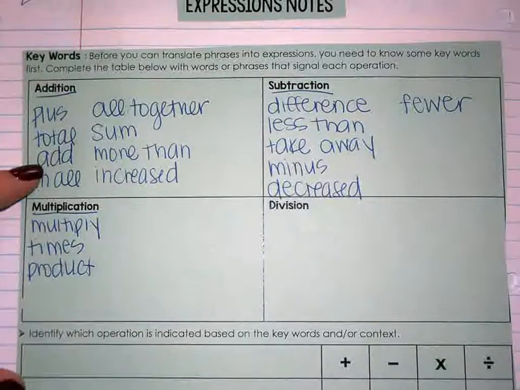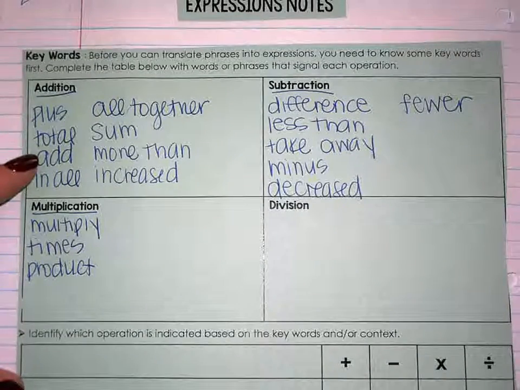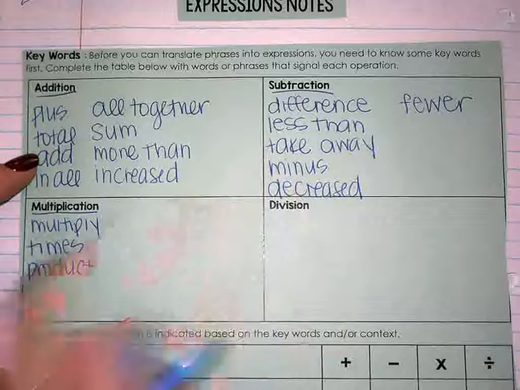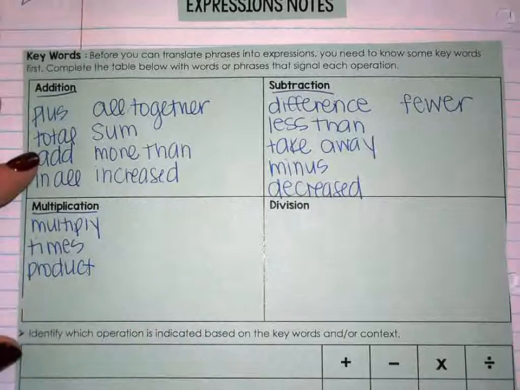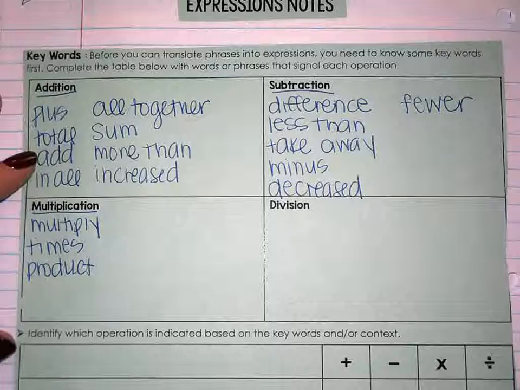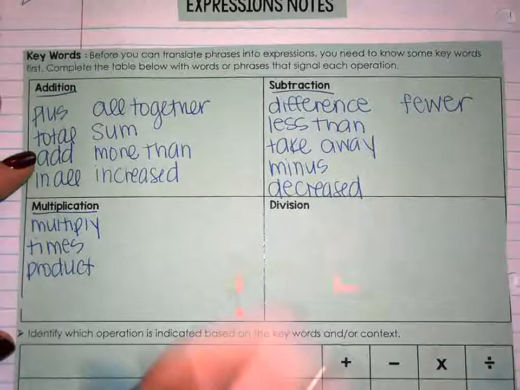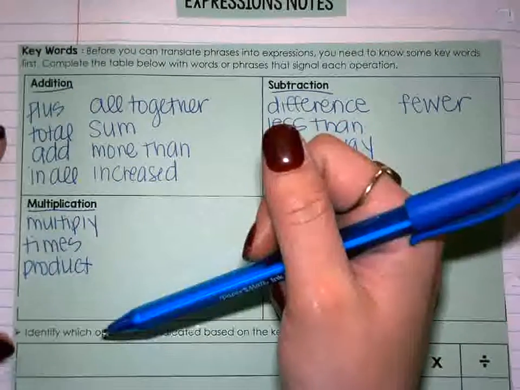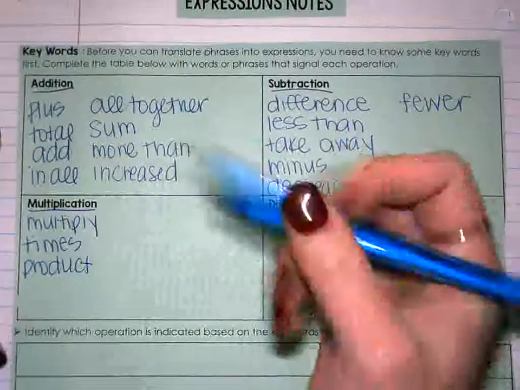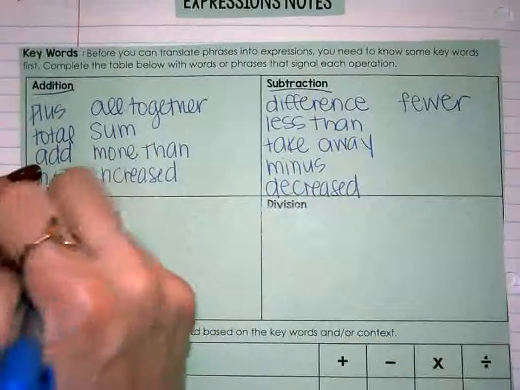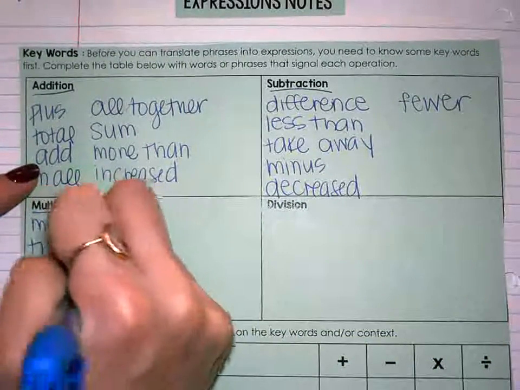Owen? You were going to say product? Sienna? Yes, but I'm not going to write it just because it goes along with the word multiply and multiplication. McKenna? Yep, that's kind of what Sienna just said. Ella? Double.